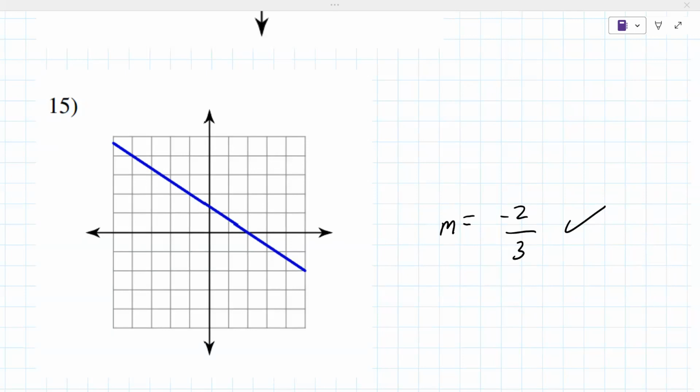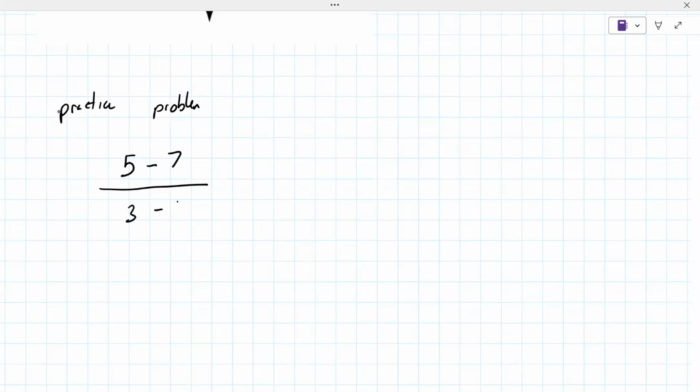All right, so before we do the next thing, I'm going to give you just a few practice problems to see where you're at with your manipulation of numbers. So let's say it's 5 minus 7 over 3 minus 2. Could you simplify this for us, please? Yep, work it out.